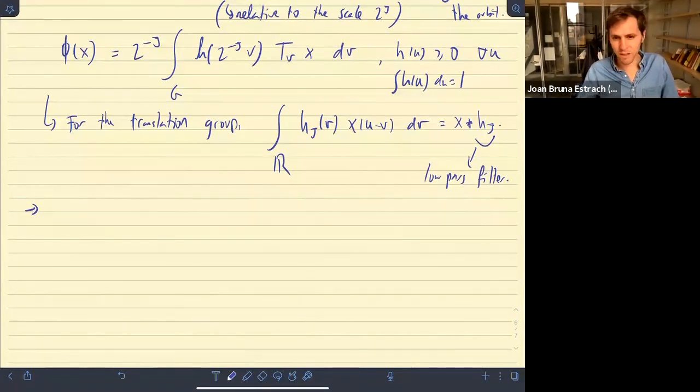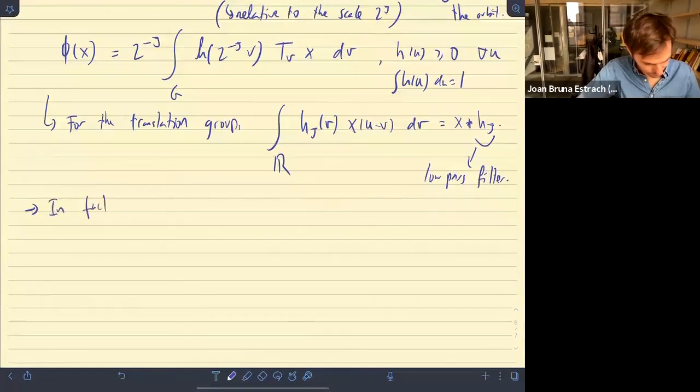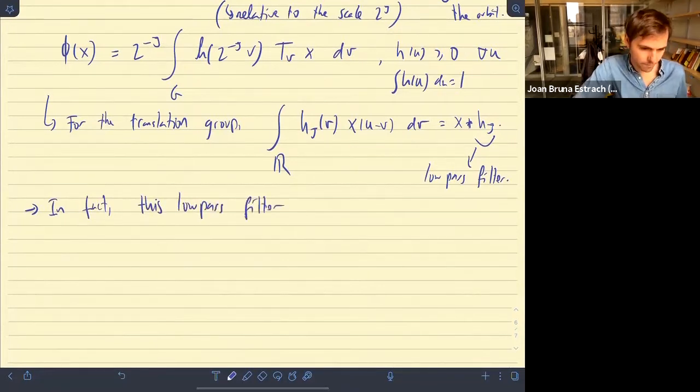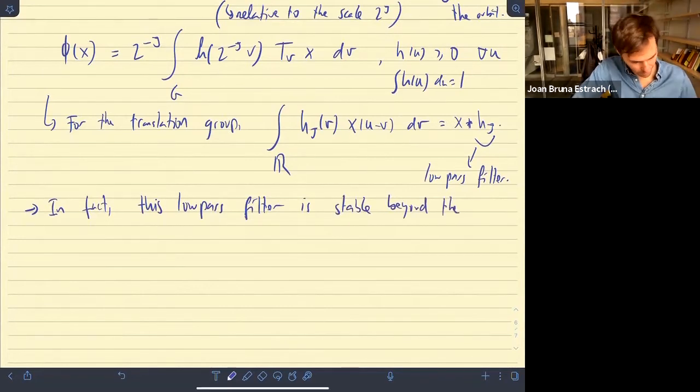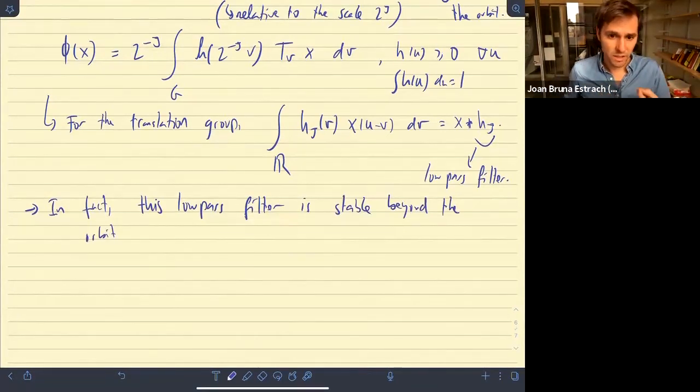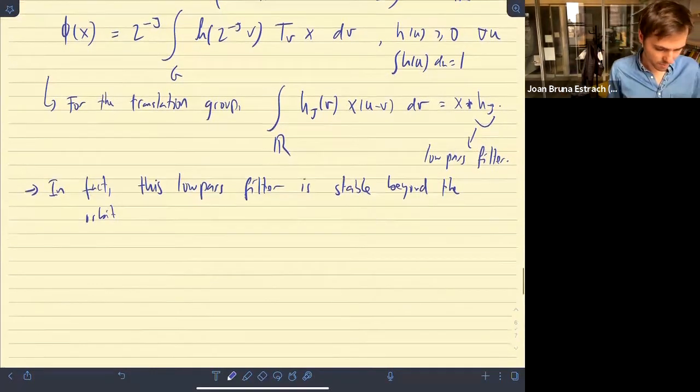Yet it has a property that the other ones don't have: this low-pass filter is stable beyond the orbit. So basically, this low-pass filter that is constructed just in the orbit gives us stability for free. Okay, and what do I mean by this?